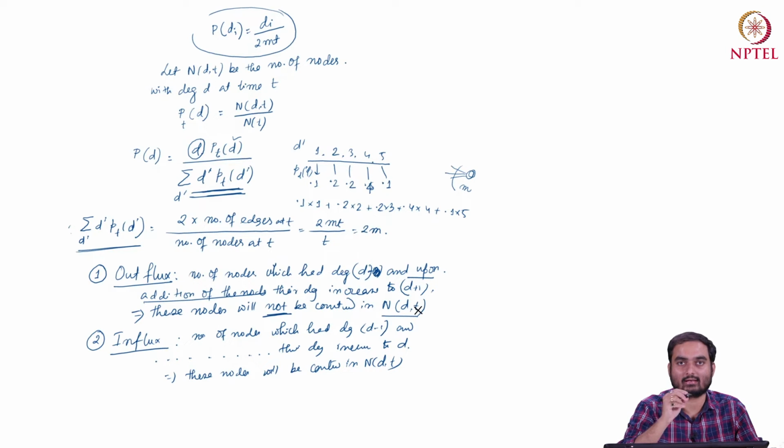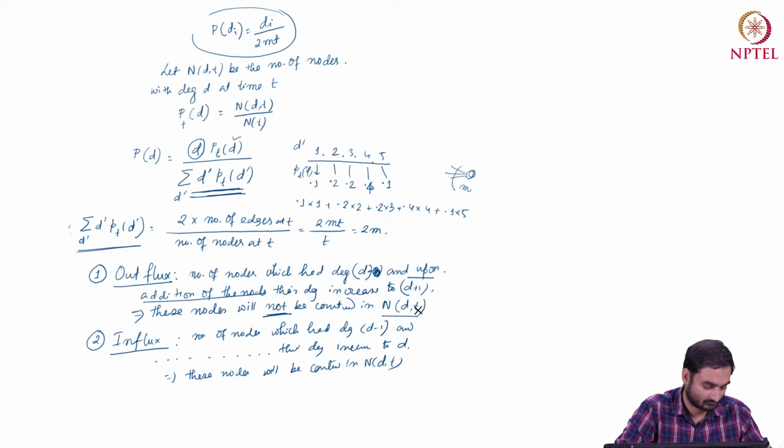We will try to understand how many such nodes are there in the influx, and how many in the outflux.